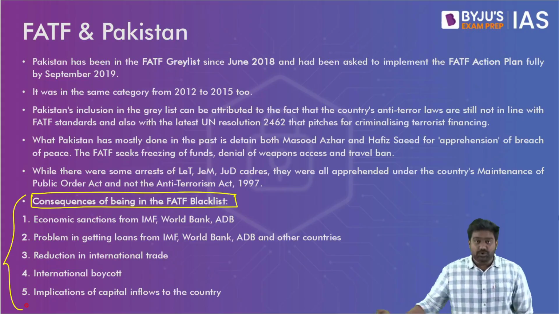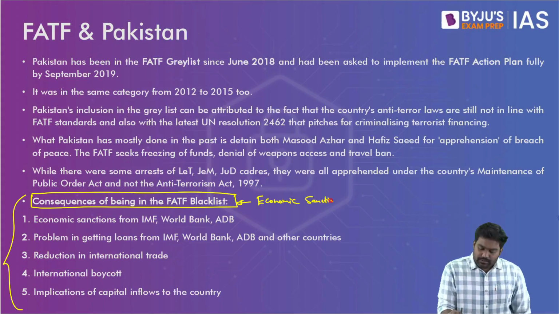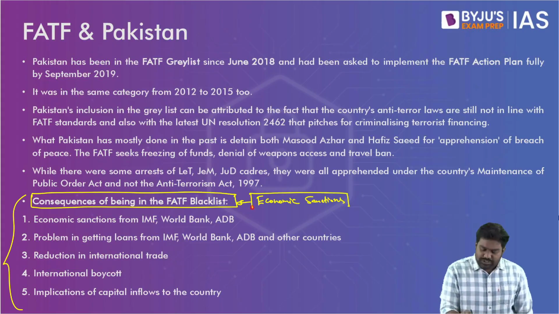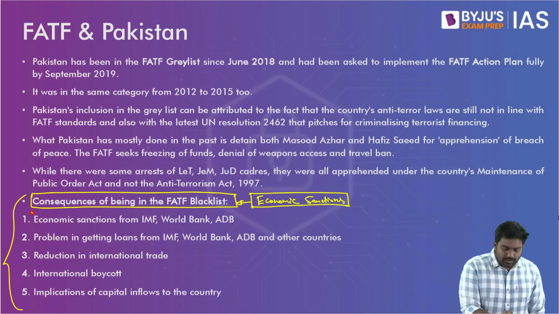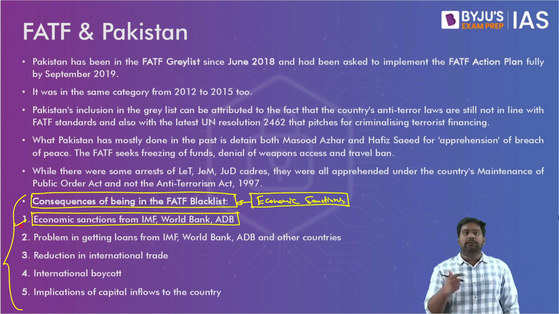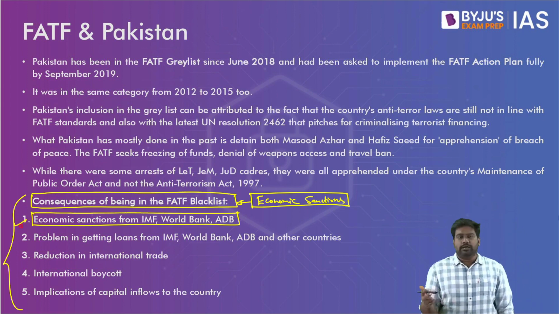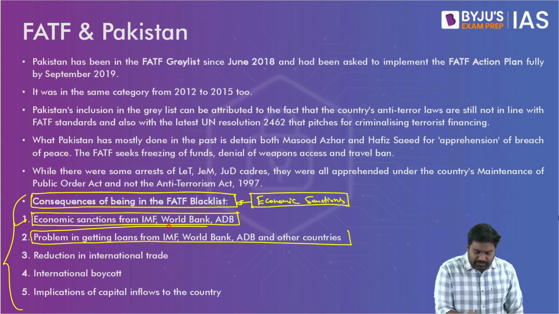But once you're blacklisted, this brings full-fledged economic sanctions. Global economic sanctions are imposed and the country will be cut off and isolated from the global economy. No global institution will give loans to them. IMF, World Bank, Asian Development Bank, and all other development institutions, none of them will provide loans or funds to them.